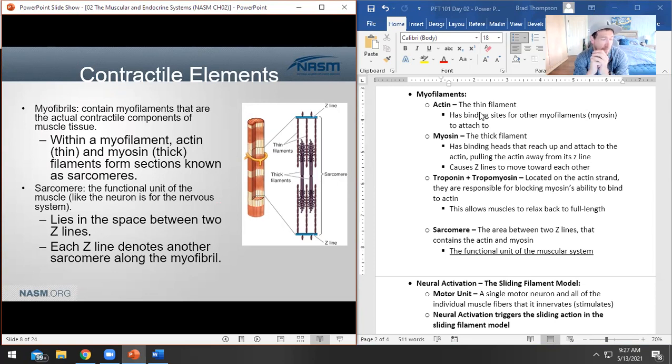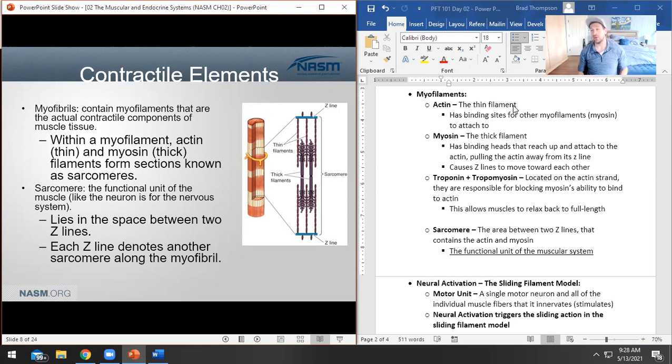Now, here's the thing. Your body wants to be doing this always. These proteins are absolutely crazy attracted to one another. And so because of that, if they had their way, they would basically bind together and never let go.